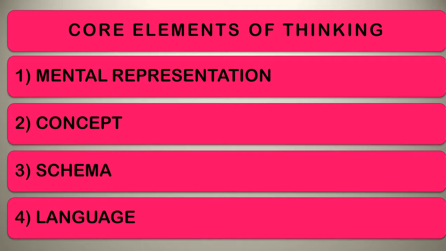All reasoning is done for something, from some point of view. So, there are certain core elements of thinking. The core elements of thinking are mental representation, concept, symbol, and language. Let us learn all these core elements in detail.